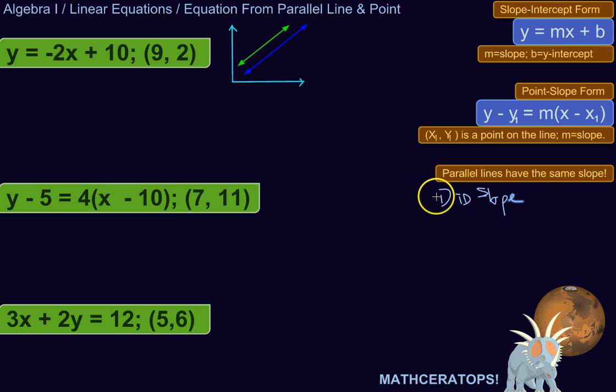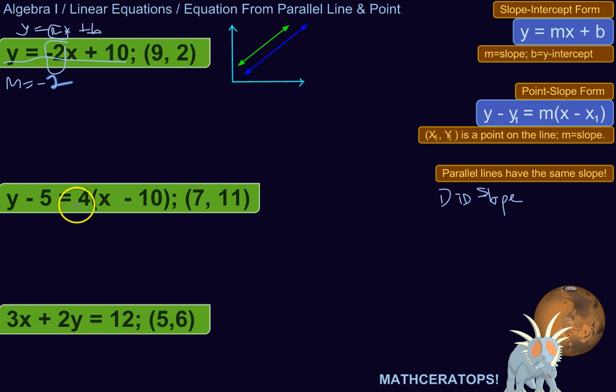Because your equation is going to have the same slope. Here I've got an equation in slope-intercept form, like y equals mx plus b, and this m stands for slope. So I can see immediately, because of the form the equation is in, that the slope is -2.